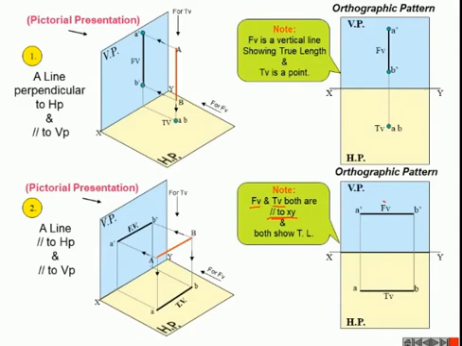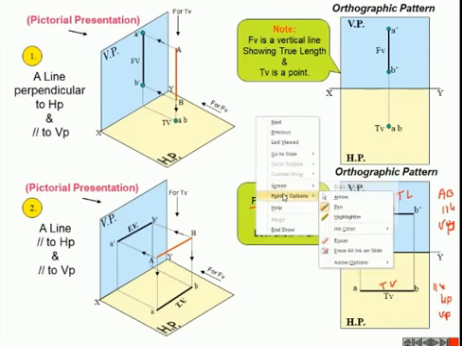Suppose the front view is a true line and parallel to XY, then we can say that the line AB is parallel to HP. Similarly, if the top view is a true line and also parallel to XY, the line is parallel to the horizontal plane. So it is parallel to both the horizontal and vertical planes. We will see the various cases, then we can easily understand.